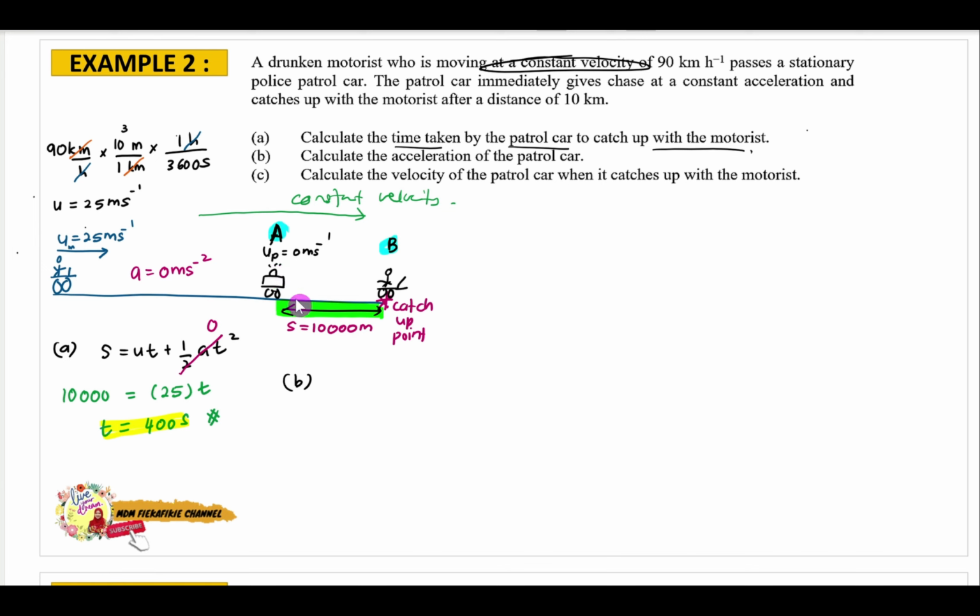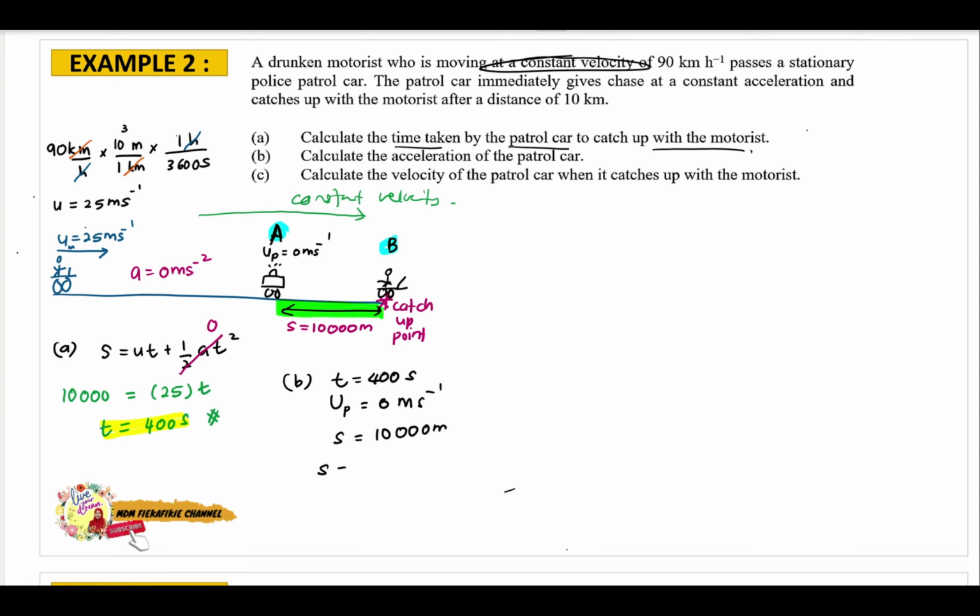Since we already know that from A to B the time taken for the car to catch the motorist is around 400 seconds, we can calculate the acceleration of this police car when it tried to catch the motorist. So t is equal to 400 seconds, u is the initial velocity of the police car, which is 0 meter per second, and s is the distance traveled, 10,000 meter.